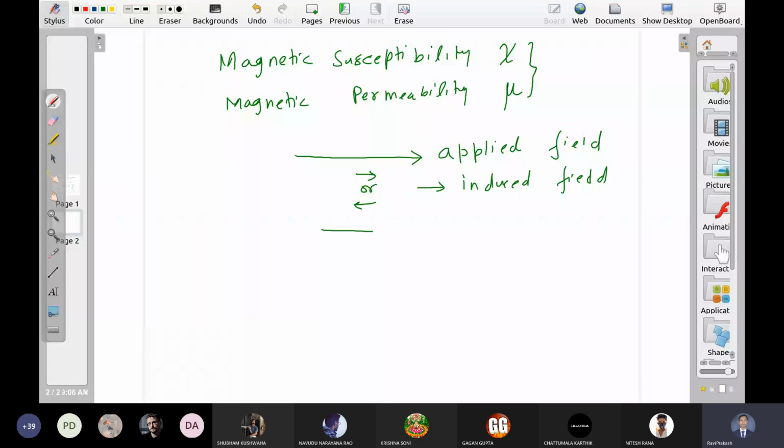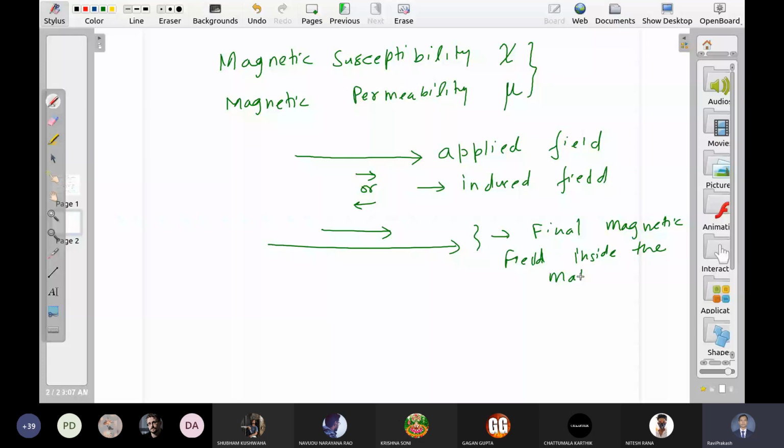It may be smaller or it may be bigger than the applied field. This is the final magnetic field inside the material.